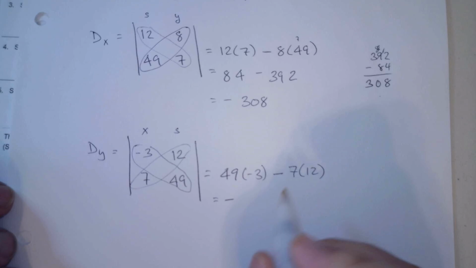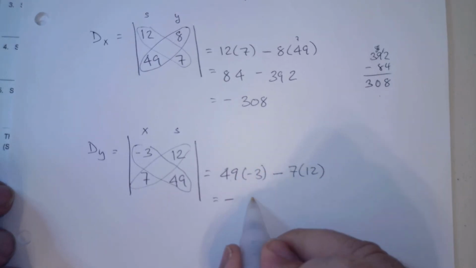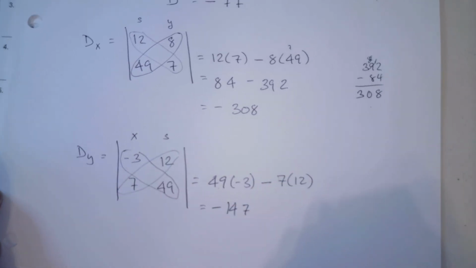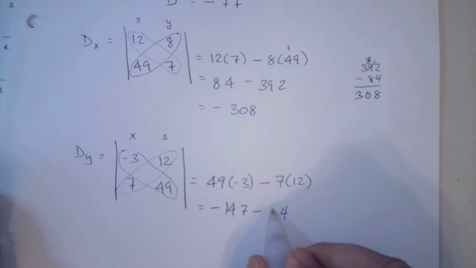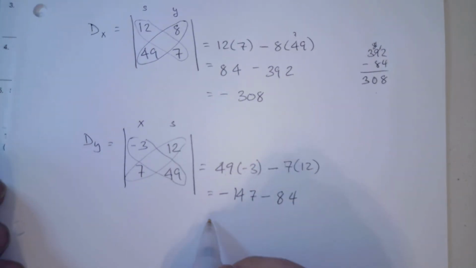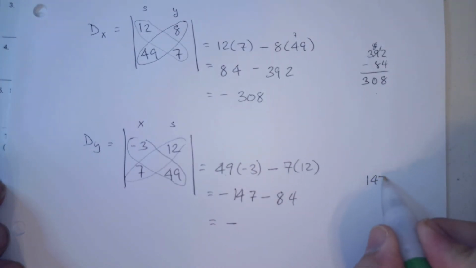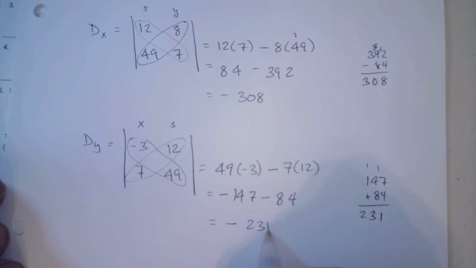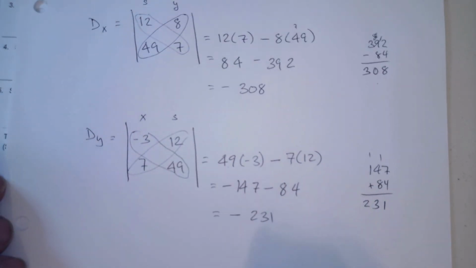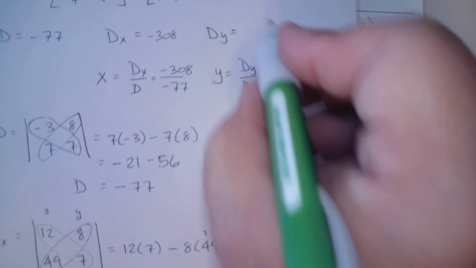It's negative 49 times 3, 147. 7 times 12, 84. They're both negative. So 147 plus 84, 231. So that's what dy is, negative 231.